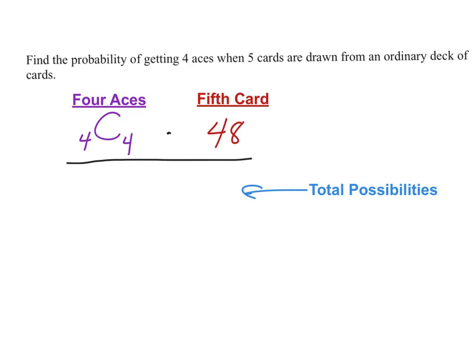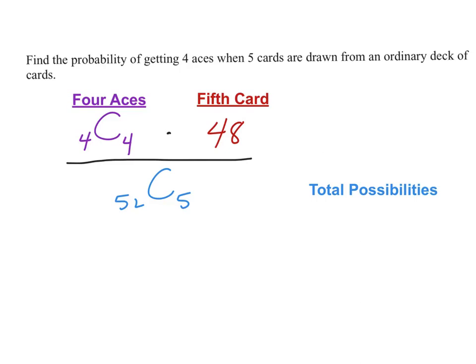So what's that going to look like? I'm looking for kind of like a formula. How many cards am I choosing? From how many? 52. So my total possibilities then is a combination of 52 choose 5.